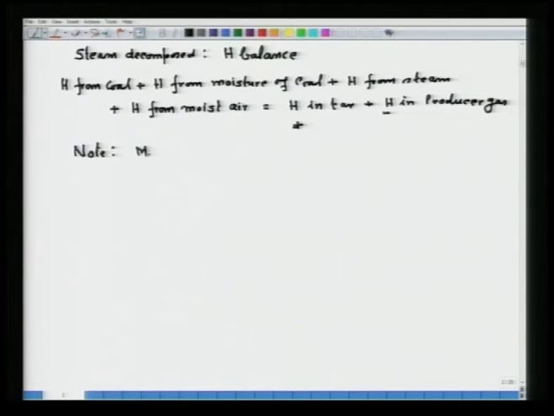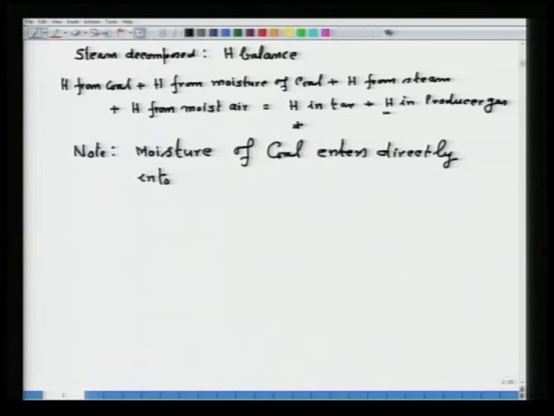Note the following important aspect of gasification. Moisture of coal enters directly into producer gas, that is one important thing.